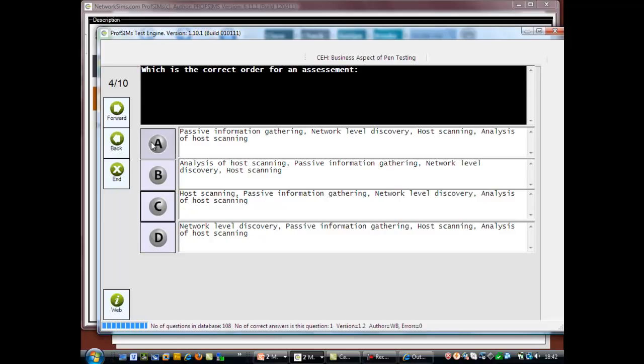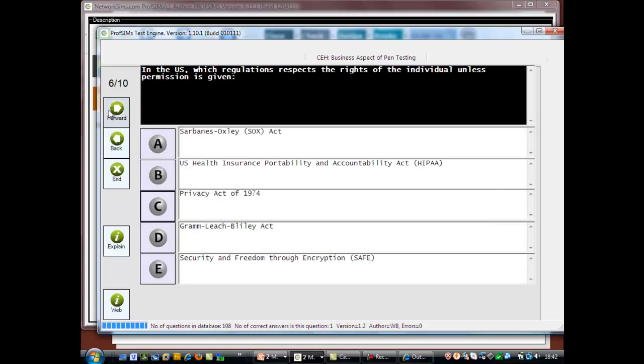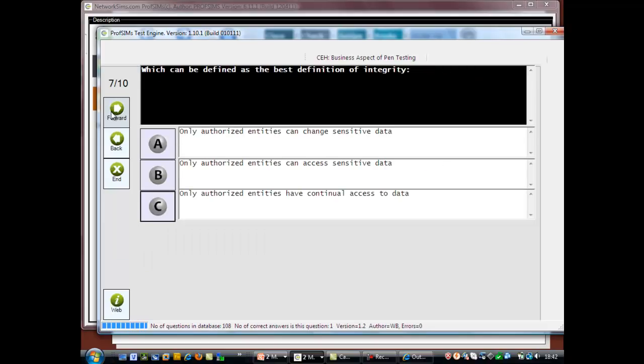So passive information gathering is really the first thing that we would do. So an ethical hacker is a white hat. And which regulation respects the rights of the individual unless permission is given? Sounds like the Privacy Act. For integrity, let's go for change.